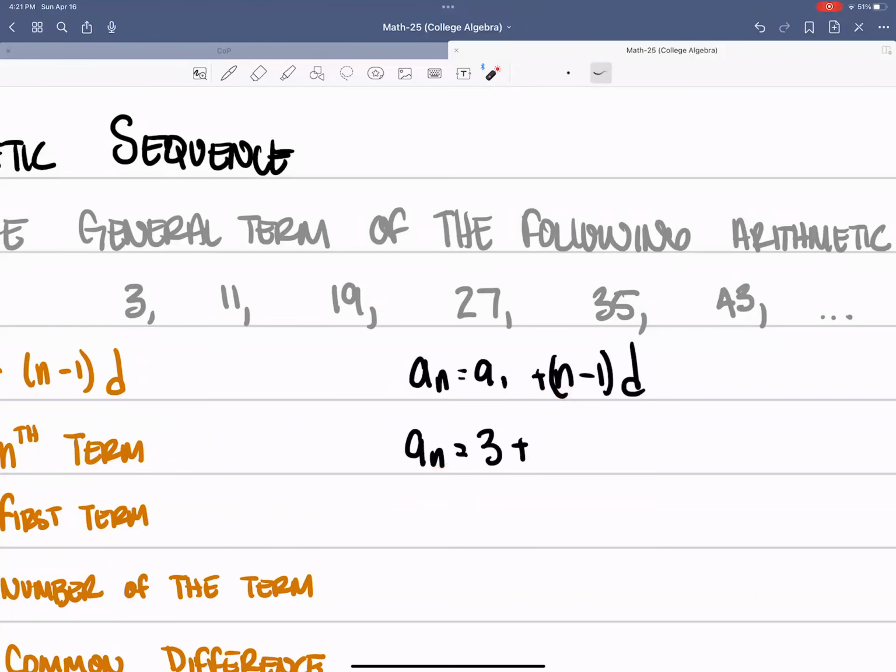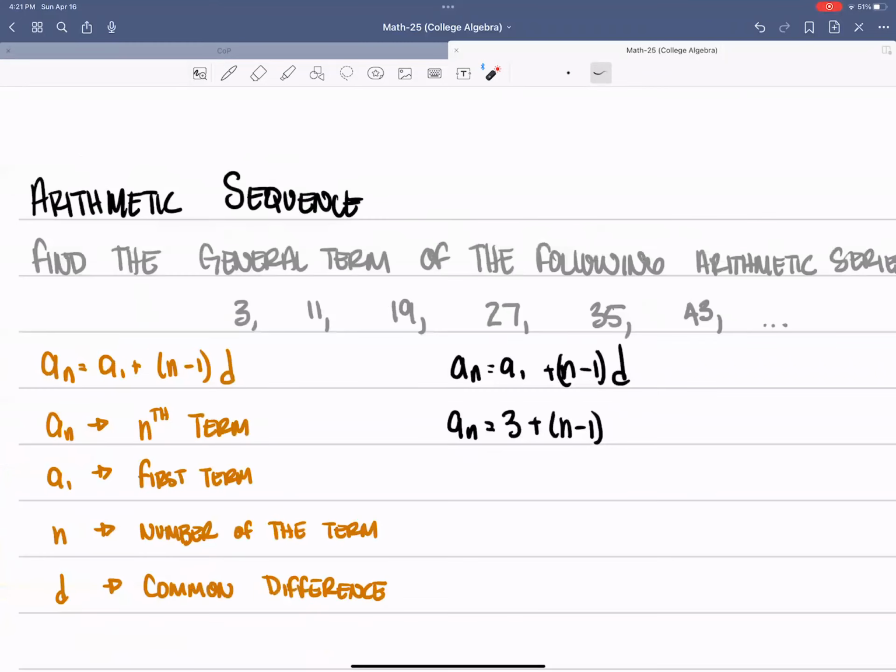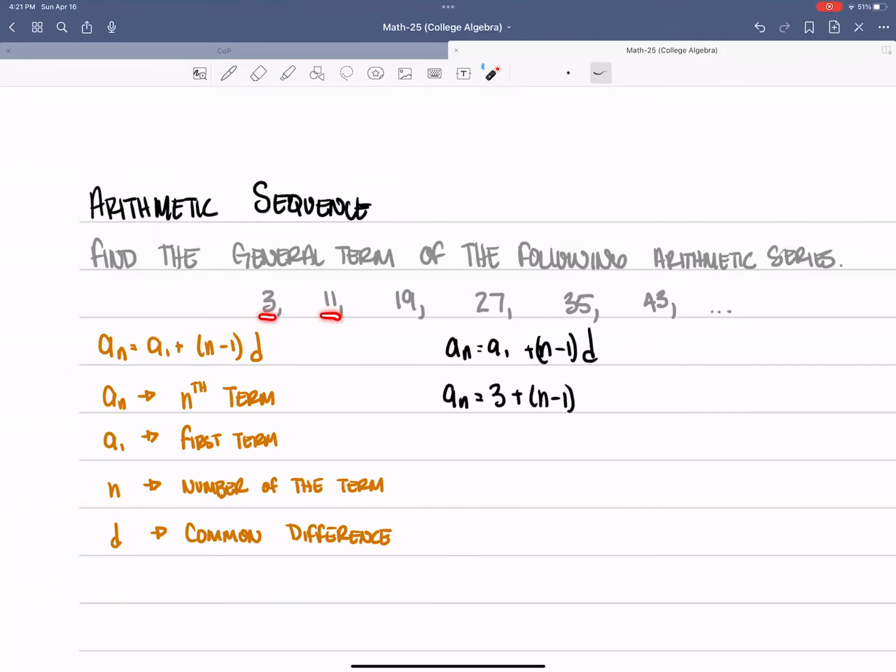We're going to leave it as is right there. So n is going to be n minus 1. D, our common difference, is what makes each of these unique. So from 3, what are we adding to get to 11? It looks like we're adding 8. We could do this easily by saying 11 minus 3 gives us 8.